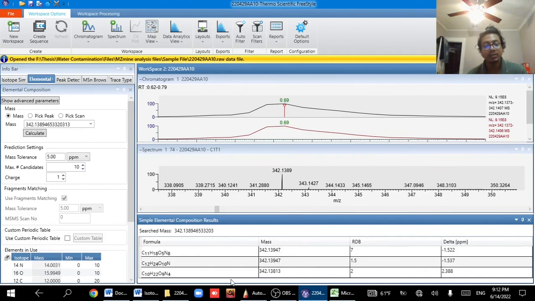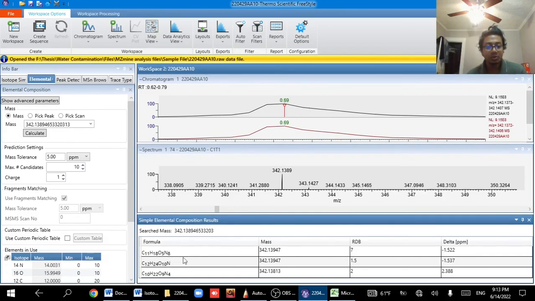Then you apply the nitrogen rule, and also you can apply the seven golden rules, like hydrogen by carbon, what is the ratio of that, and there is a specific range for that ratio. So you can also apply the seven golden rules to find the exact formula.